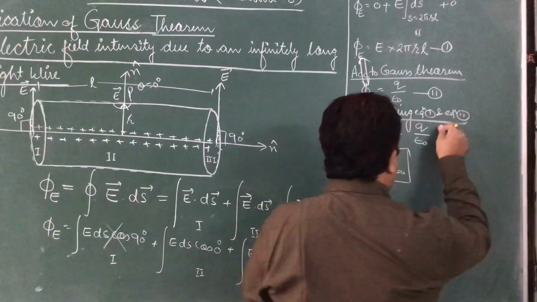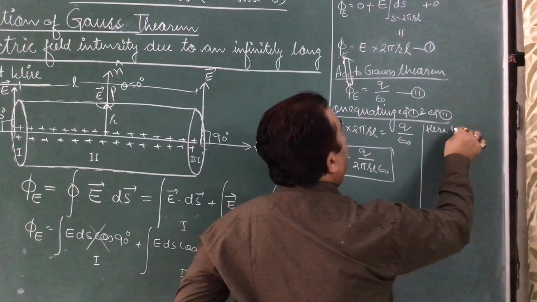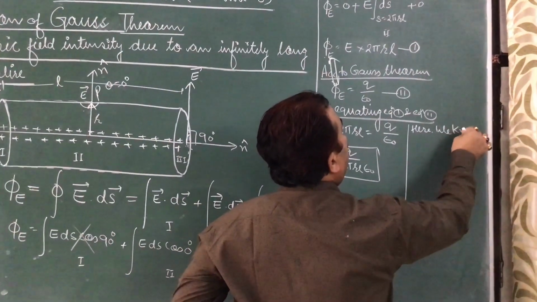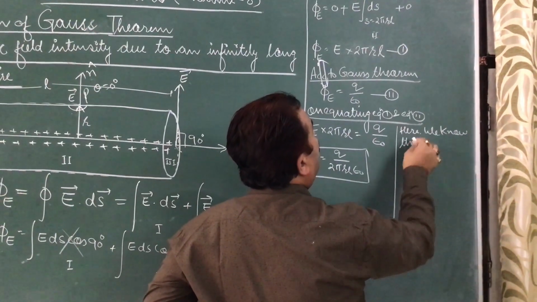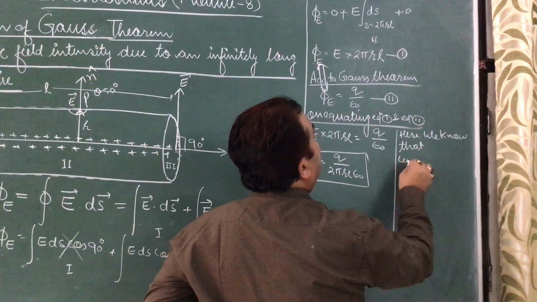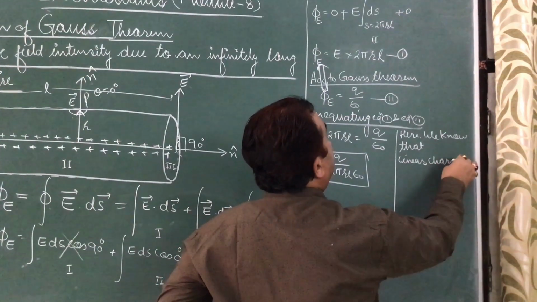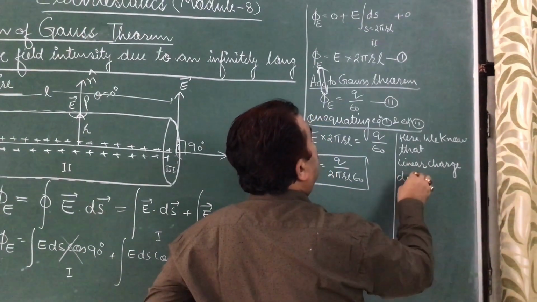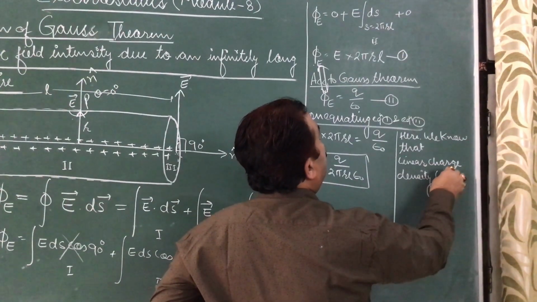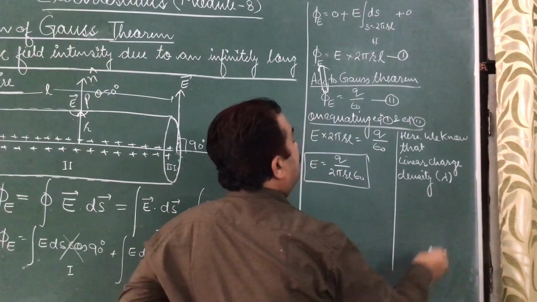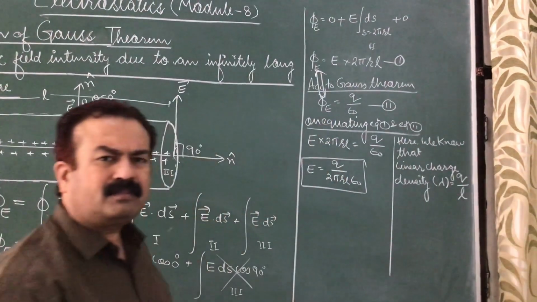So here we know that linear charge density is represented by lambda, and the formula is total charge upon total length.